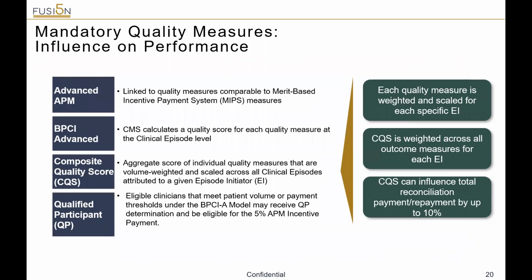I added the part to the left here on the qualified participant, or QP. This deals with the MIPS MACRA components as part of the MACRA legislation. This is that third entity in which, if one qualifies as a QP, or qualified participant, based on thresholds of patient volume or patient payments that are based on Medicare volume and Medicare payments relative to the total, if you receive QP determination, you may be eligible for a 5% incentive payment based on the fee schedule.